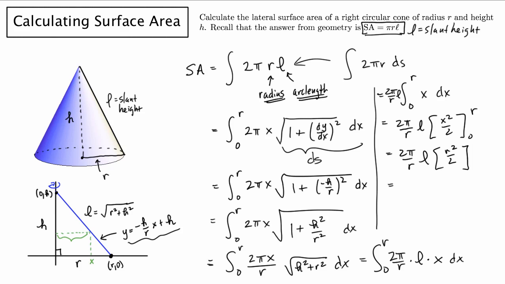What you notice then is that the r's cancel, leaving just one r in the top. So we have 2 pi r L over 2, or pi r L, as we claimed at the beginning.